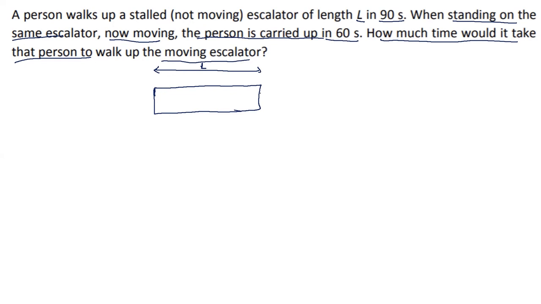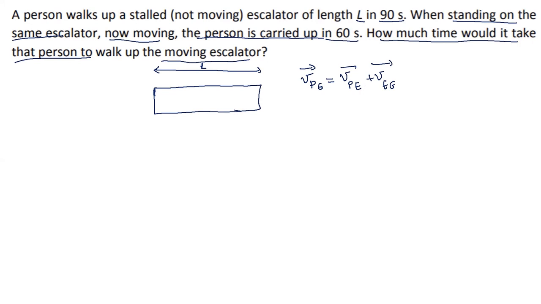So the person is walking up the escalator of length L in 90 seconds when the escalator is not moving. So let's see what is the velocity of the person with respect to the ground. The velocity of the person with respect to the ground is just the velocity of the person with respect to the escalator plus velocity of the escalator with respect to the ground. Okay. Relative velocities.